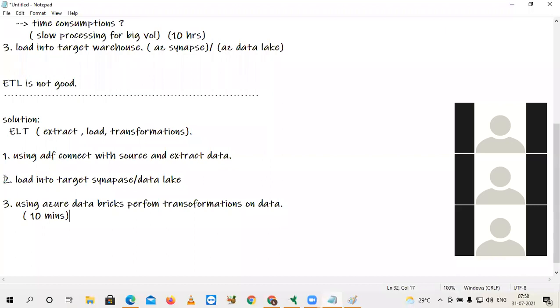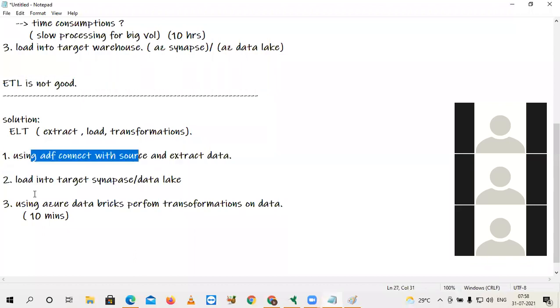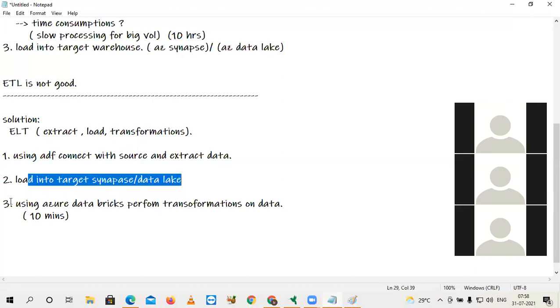I am not handing over the responsibility of transformations to ADF. It extracts data and loads into the target systems, and finally using Databricks we process, so that our previous 10 hours of processing becomes 10 minutes. That is the power of the Databricks processing system.